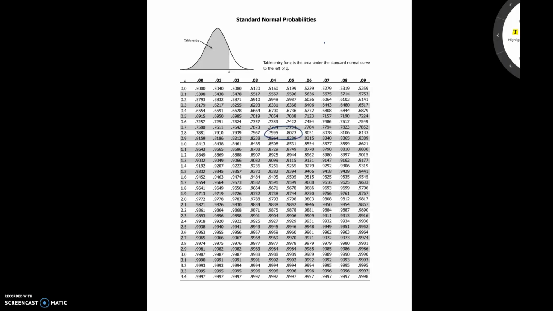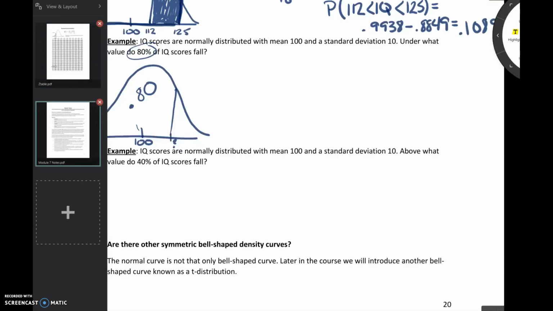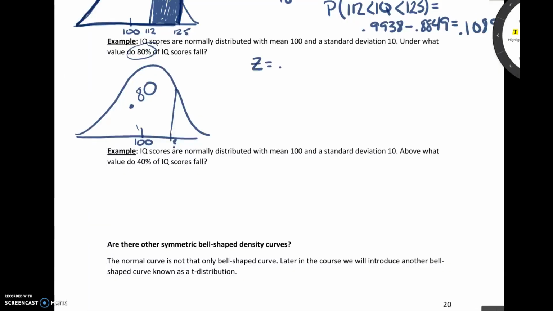So the z that we're going to use comes from here and here. In other words, z equals 0.84. So going back to our worksheet, we know that when z is equal to 0.84, we have 80% of the area to the left of z.